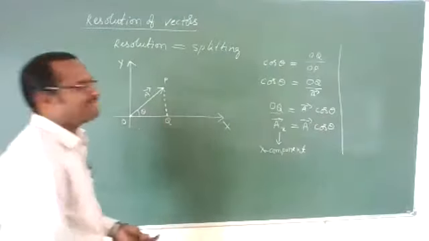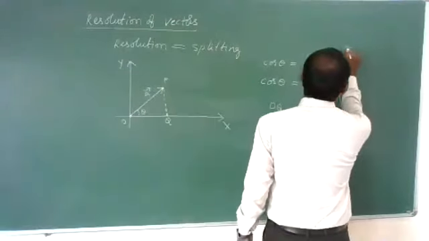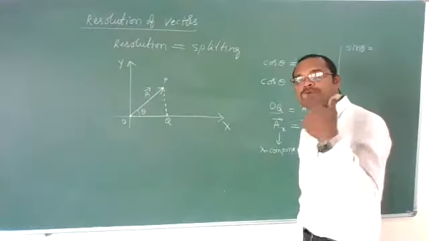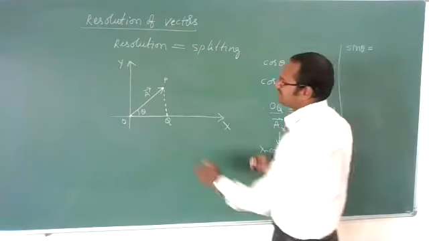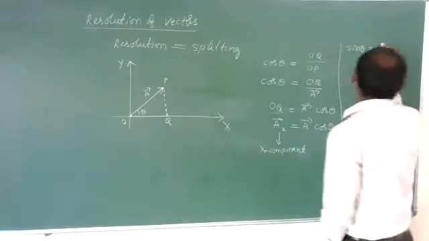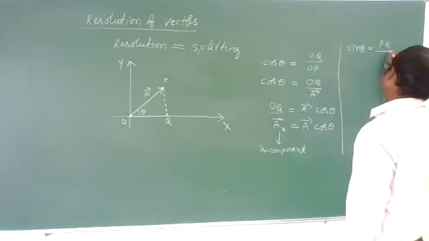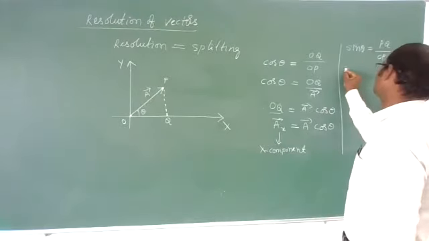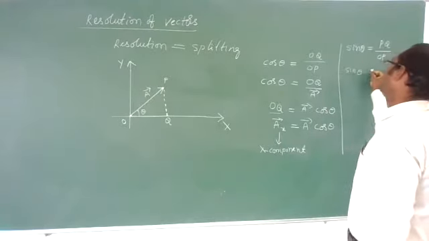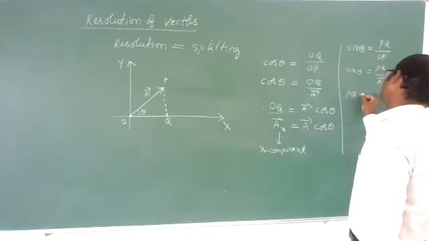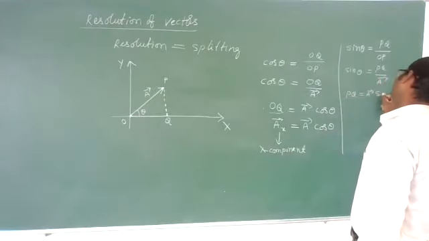Now, take sin theta. What is sin theta? Sin theta is opposite side by hypotenuse. For this theta, opposite side is PQ, upon hypotenuse OP. So sin theta can be written as PQ upon OP, which is A bar. And what is PQ? PQ is A bar sin theta.